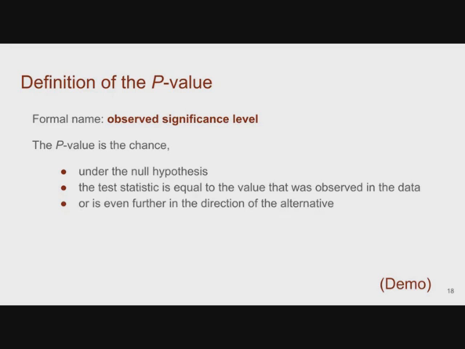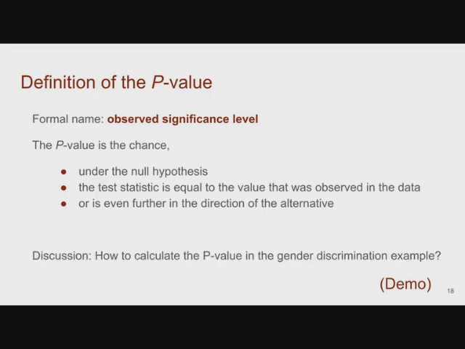In the gender discrimination example, the alternative is off to the right. So this p-value, this line, is basically the percentage that is going to be due to chance.